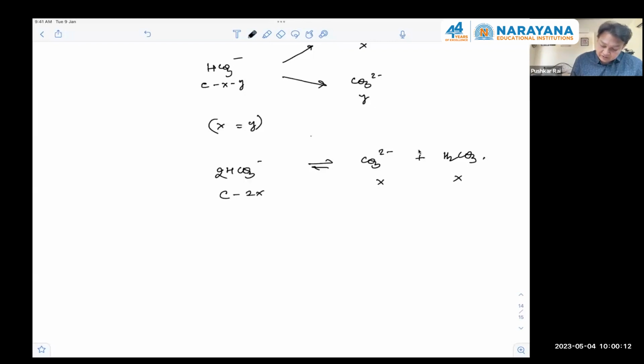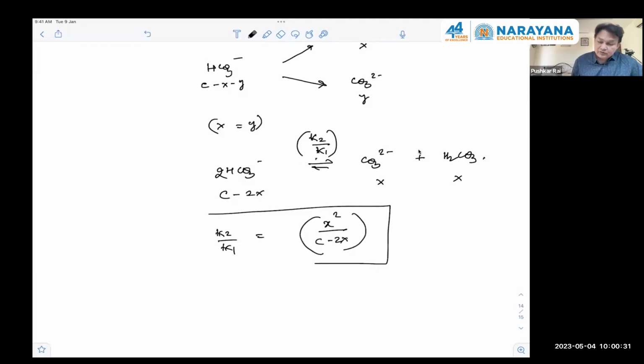And the equilibrium constant is equal to K2 upon K1. You say that K2 by K1 is equal to x square upon C minus 2x. And you simply solve the problem like this.